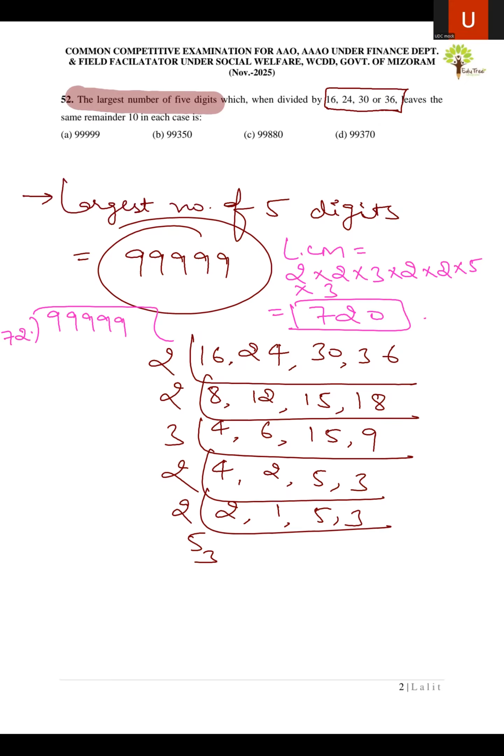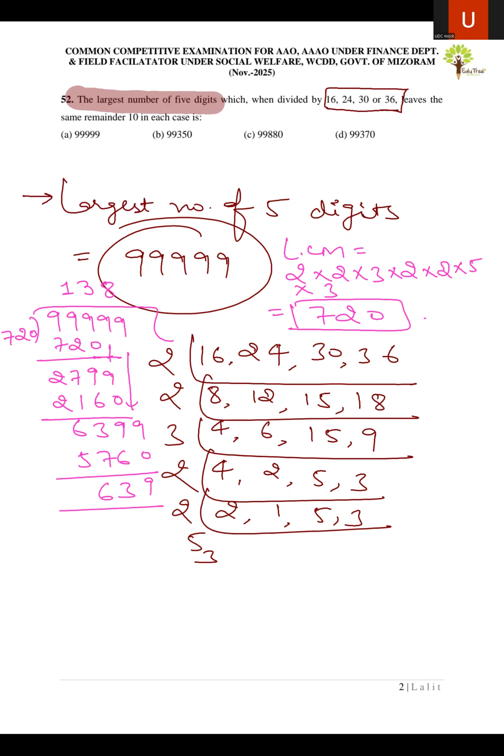So this will be 720 times 721 times 720. The remainder is 639.